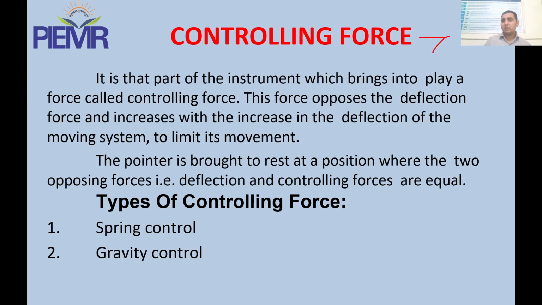Suppose you have a measurement device with the pointer starting from zero, and you want a measurement of around 5 ampere. The instrument is well behaved and gives a deflection of 5 ampere. After the indication for one to two minutes, once you have noted all the values, you want the pointer to move back to its original zero position.